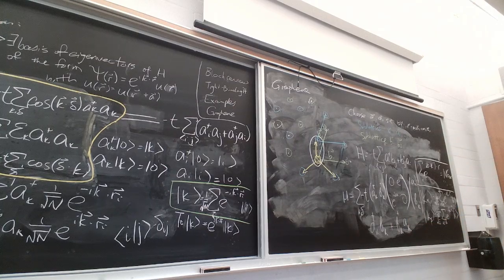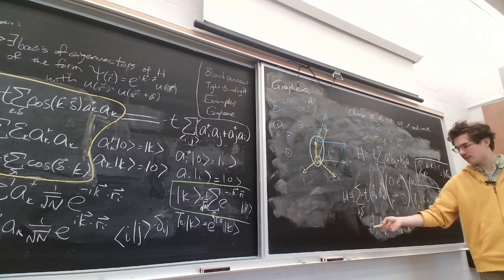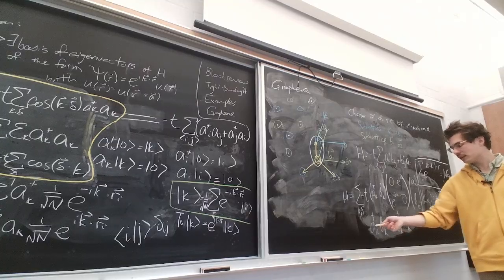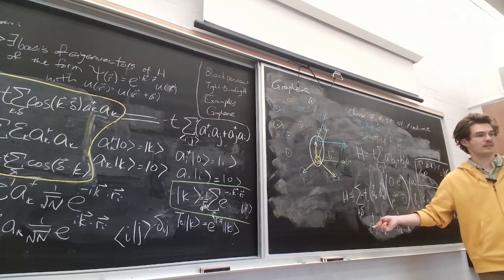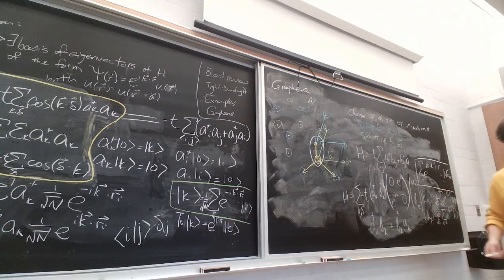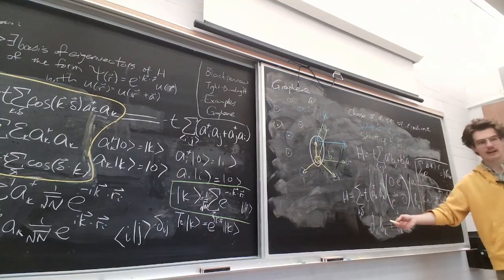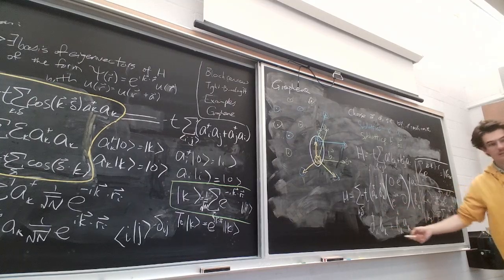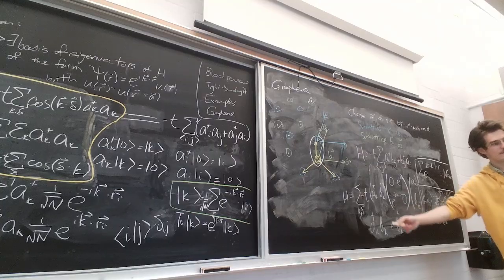Do you agree? If I expand this out, this is not diagonal, right? Because this creates one state and destroys a different kind of state. Do you agree? So this is not a diagonal operator.